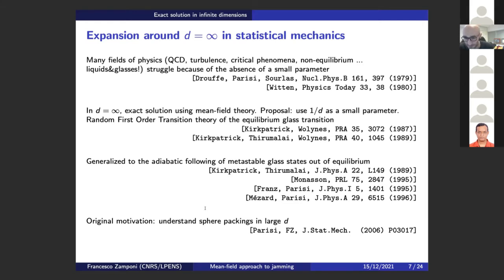We did a first version of the work, and then we realized that the close packing of spheres was more or less the same as the jamming transition for soft spheres. So we said, okay, now jamming is a critical point. Can we describe this critical point using this mean field theory in large D?